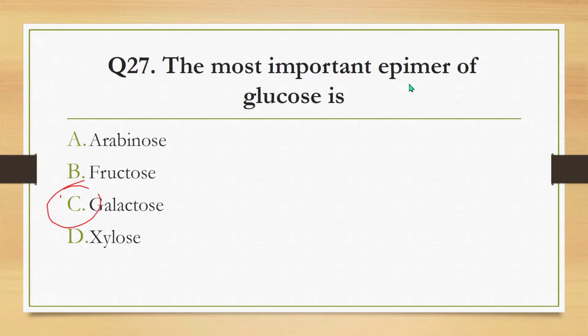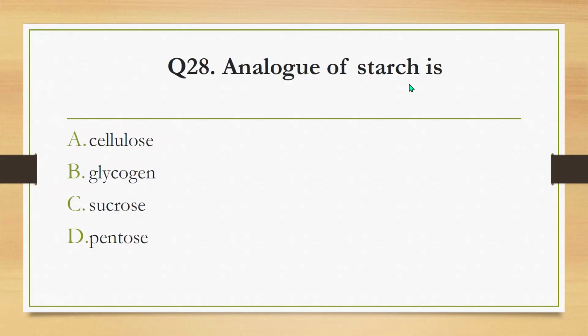So now let's move to the next question. The analog of starch is glycogen. Of course, glycogen and starch are all polysaccharides.